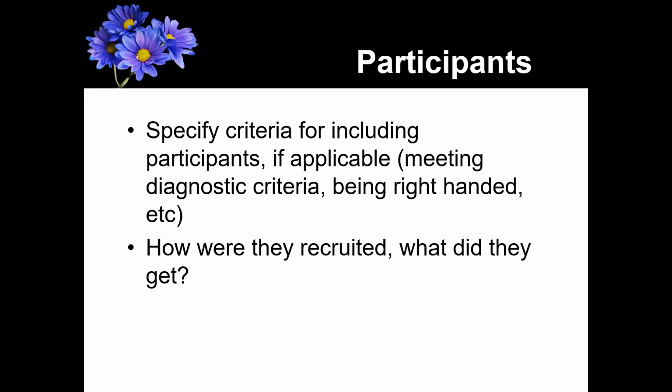And also, what will they get for doing the study? As we'll talk about with the ethics section, usually you give people something for participating. Could be money, could be course credit, could be a pat on the back or a picture of their brain, but make sure you specify whatever it is you would plan on giving them for doing your study.